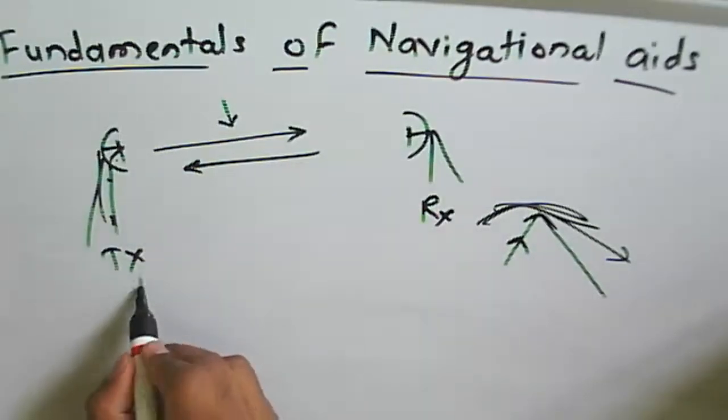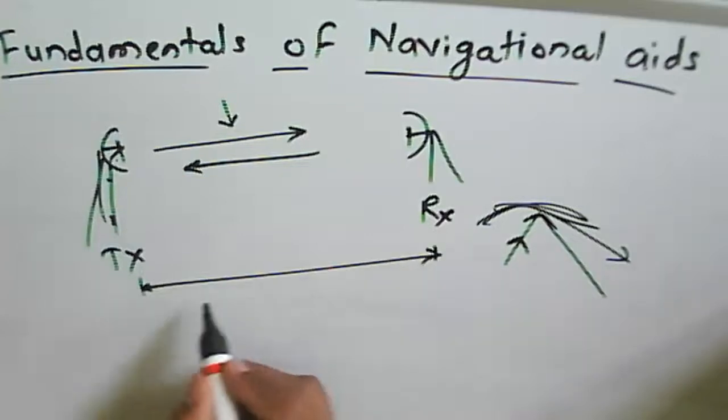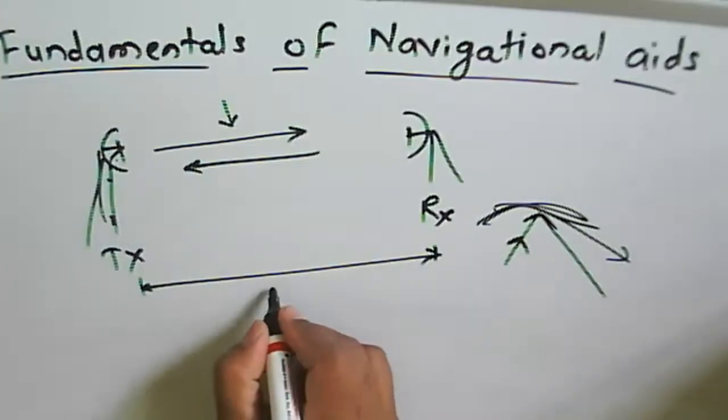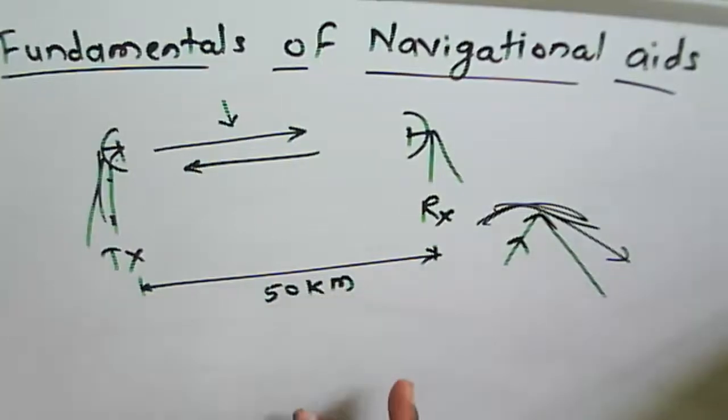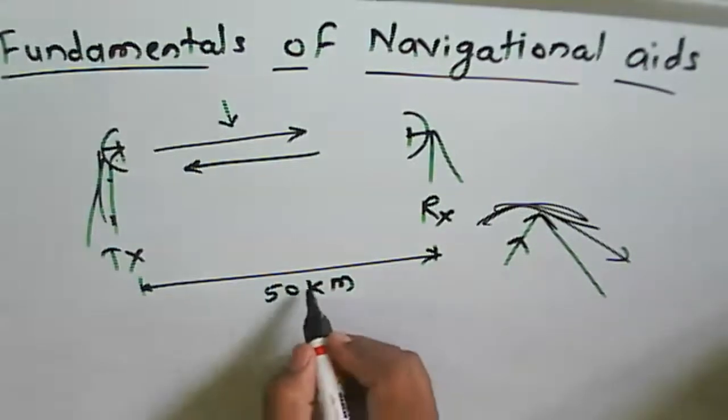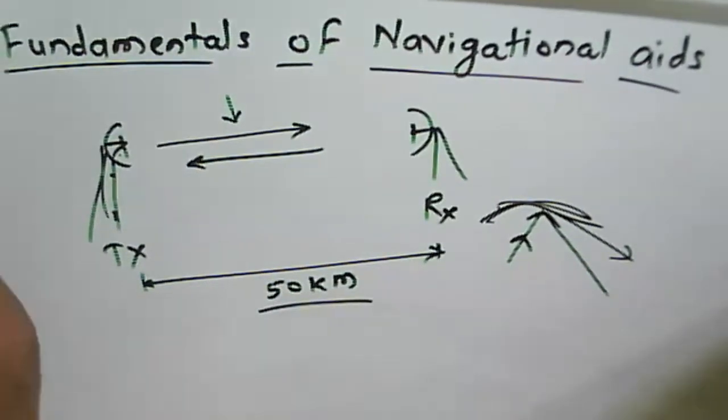But the condition is that the distance between the transmitter and receiver must be below 50 kilometers. Beyond 50 kilometers, line of sight propagation will not take place and the wave will be attenuated because the earth is curved.